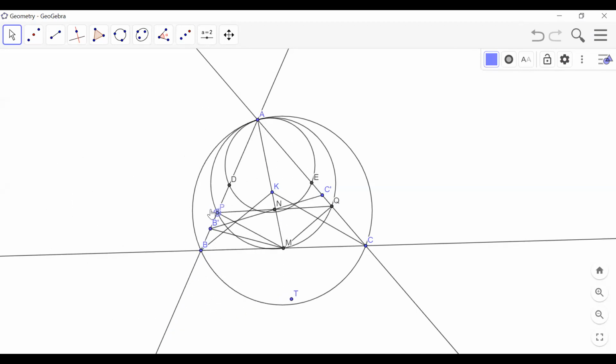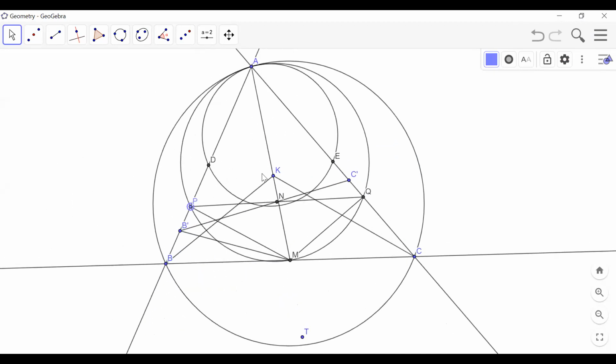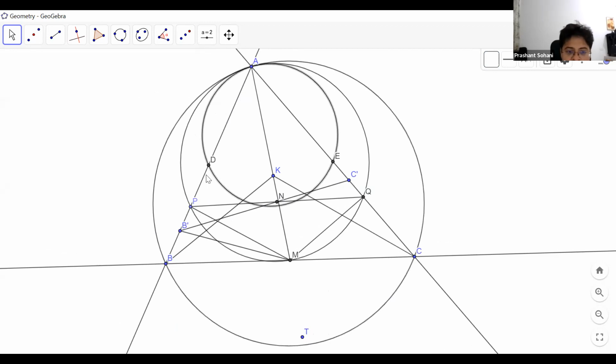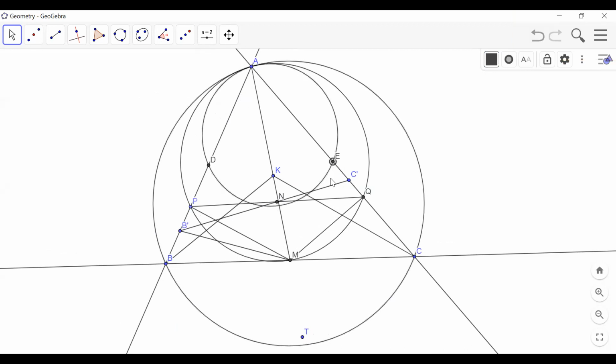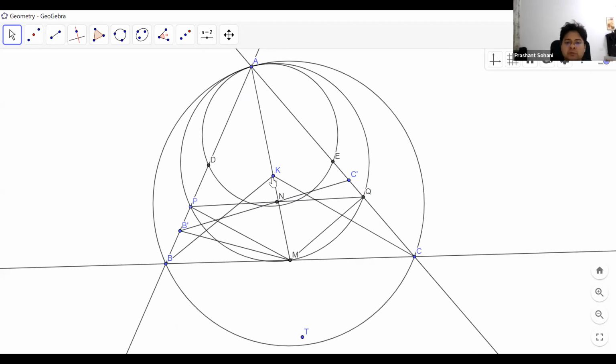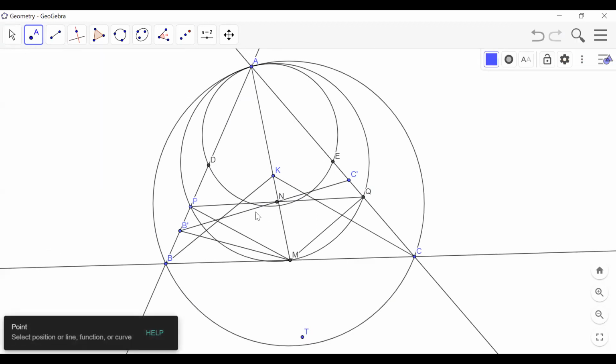Now you take two loci for N. The first locus: as it lies on circle ABC, it should lie on circle ADE, where D and E are midpoints of AB and AC, and also it lies on the line B dash C dash. So it's either of these intersection points.